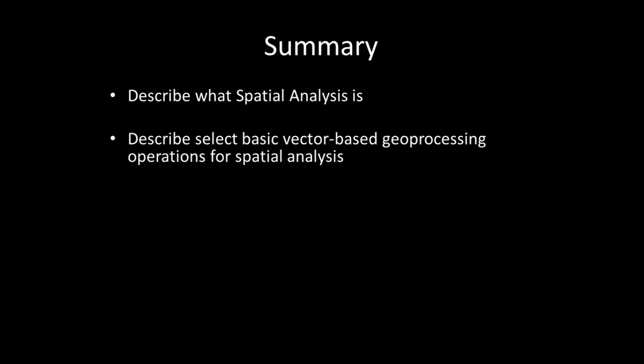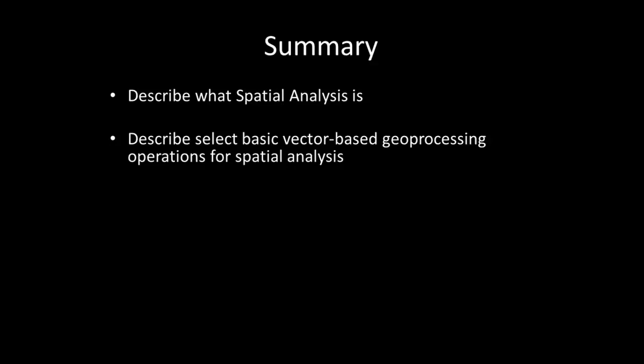In this lecture, you learned how to describe what spatial analysis is, and that spatial analysis is a core process supported by GIS software that makes GIS software unique from other analytical tools, given the emphasis of examining spatial data and relationships. You also learned how to describe basic vector geoprocessing operations for spatial analysis, such as buffer, clip, dissolve, union, identity, and intersect.